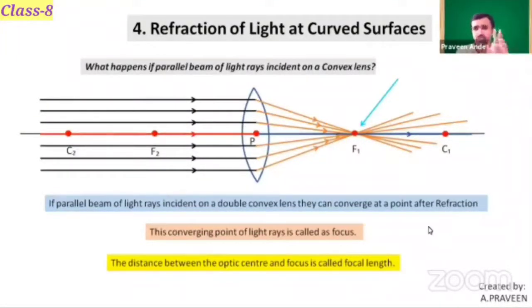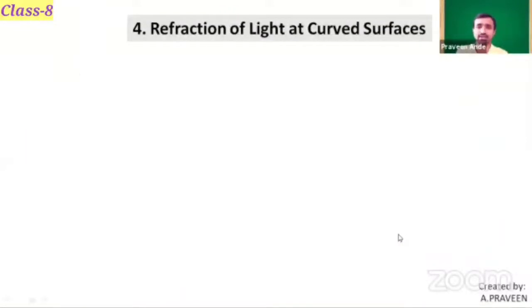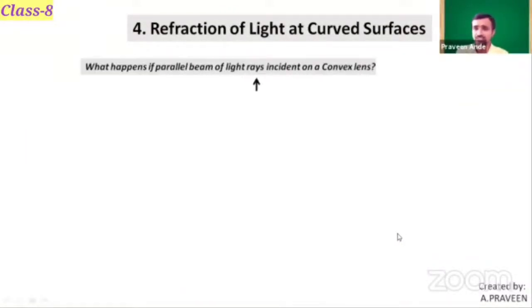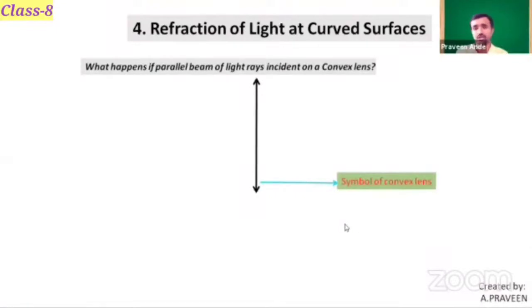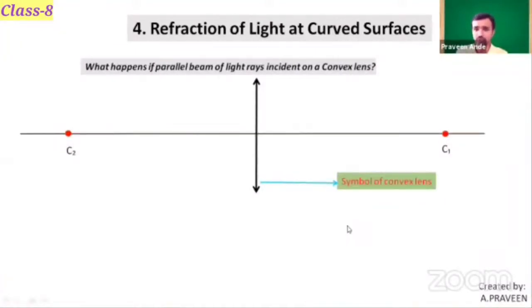The same explanation we can give by using the symbol of a convex lens also. Look here. I am taking the symbol of the double convex lens, a double headed arrow. That is the symbol of a convex lens. Using this, you can explain the centers of curvature C1 and C2 of the double convex lens, then the principal axis.